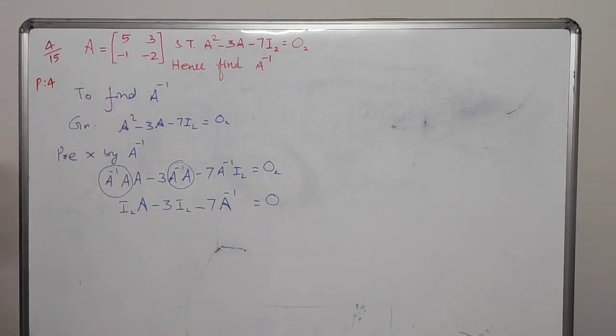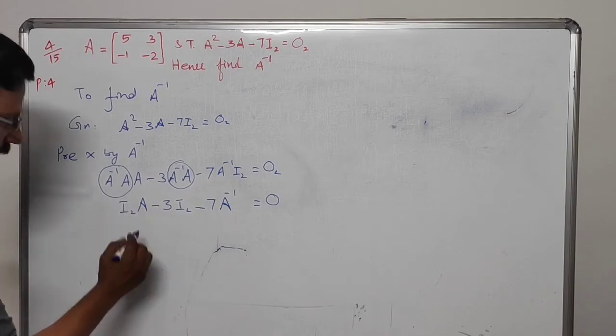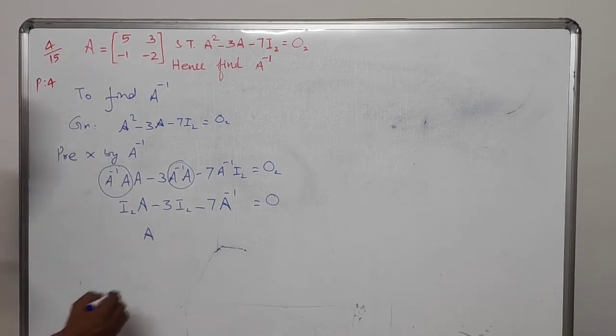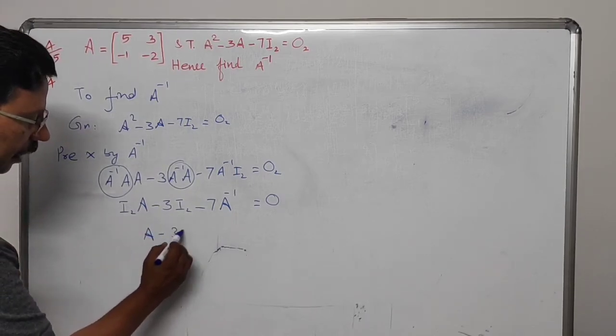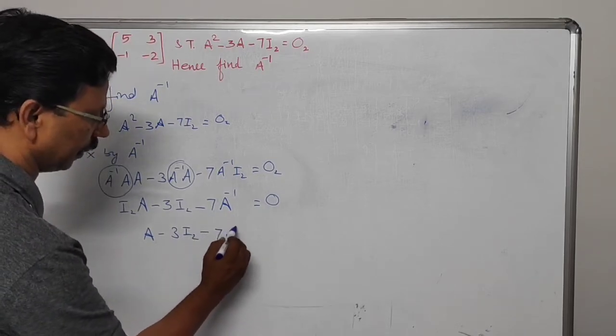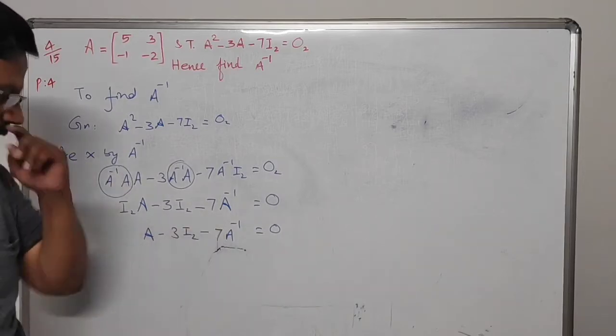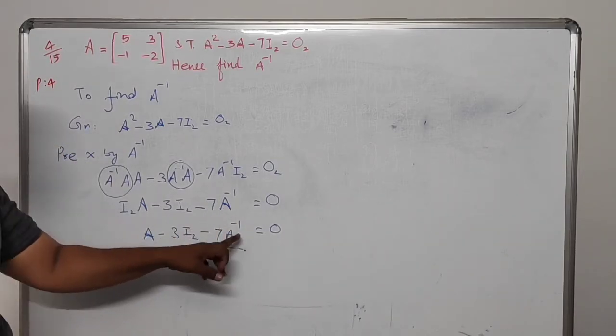That we can register. Now after that, see here, I2 into A gives A matrix only. Then minus 3I2 minus 7 times A inverse is equal to 0, we can see. Now after that, see here, we need to find A inverse only. Solve for A inverse.